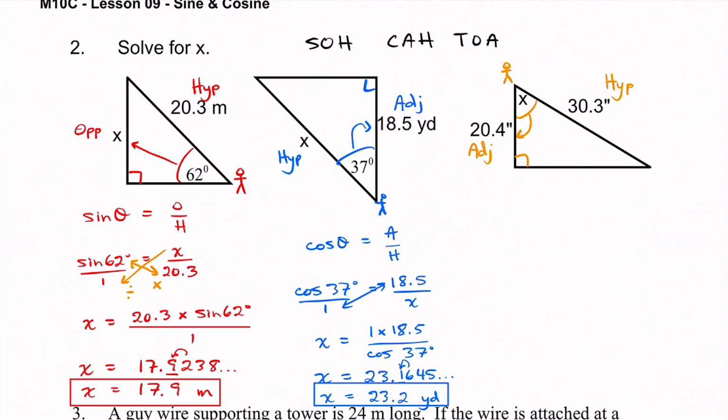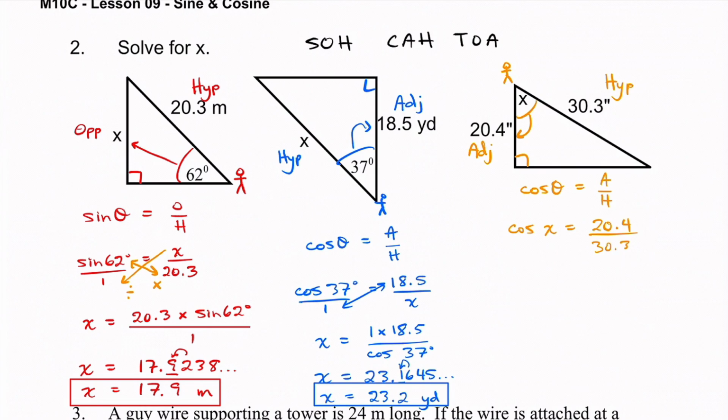So I got an A and an H, the one with A and H, that's the cosine. So we got to use cosine. So cosine theta equals A over H, and then we'll fill it in. Cos of the angle, it was X. A is 20.4, and then H is 30.3.